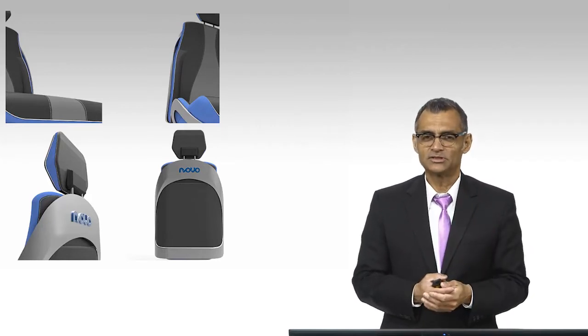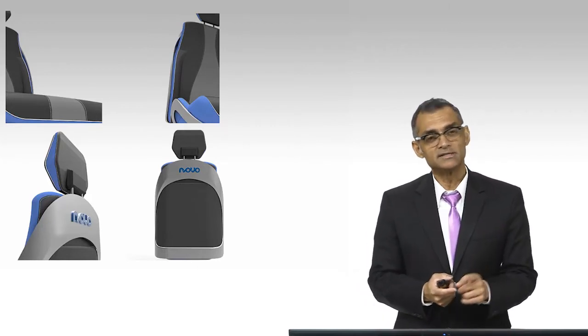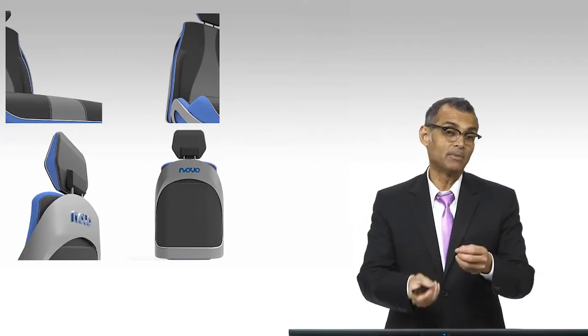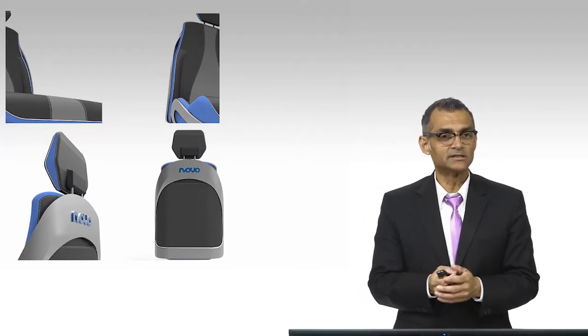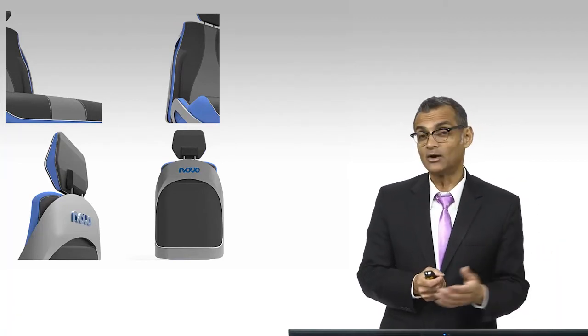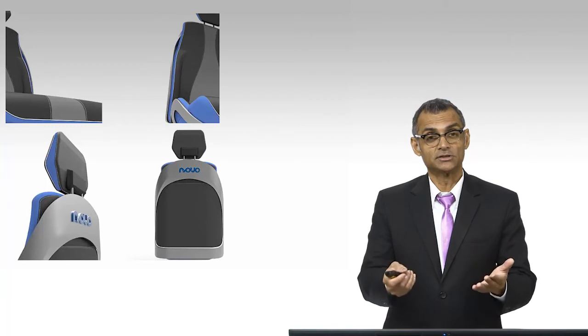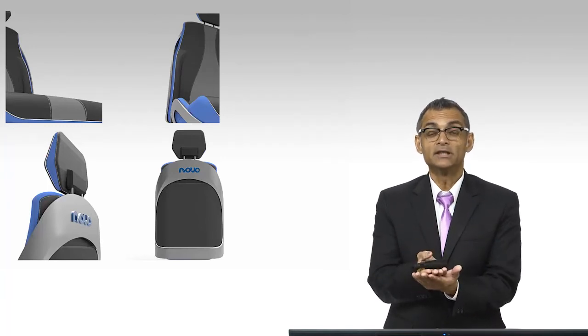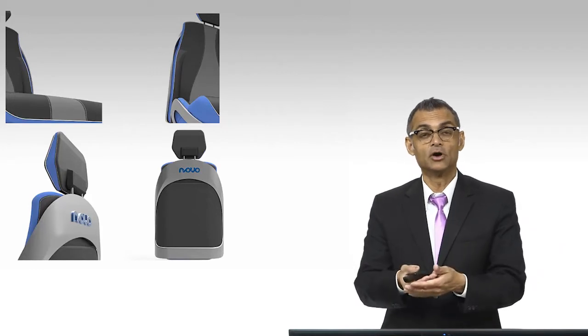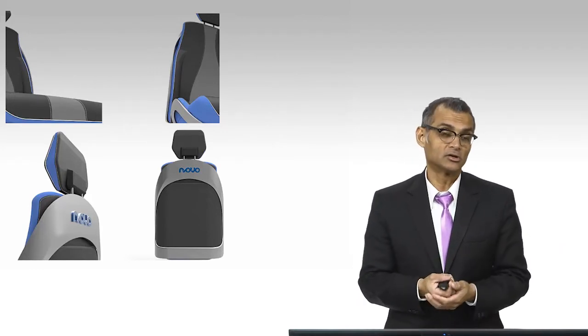Some unique things about this chair. One is that the cushions that you see in this chair have inflatable air bladders in them. The reason for that is if someone spends 8, 10, 12, 15 hours in a chair, the pressure that exists in the seating position, the pressure that exists on the lower part of the legs, can be very detrimental to the person's health.